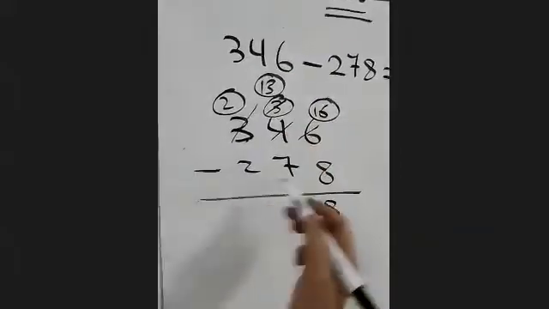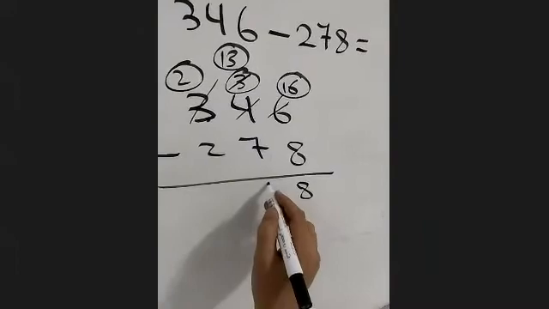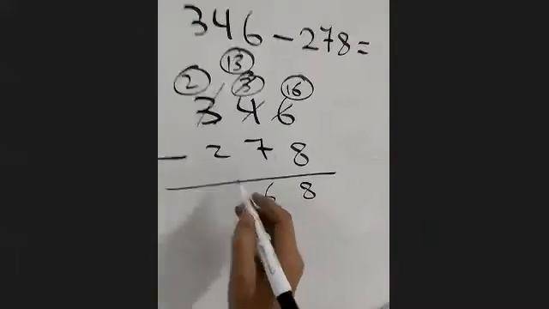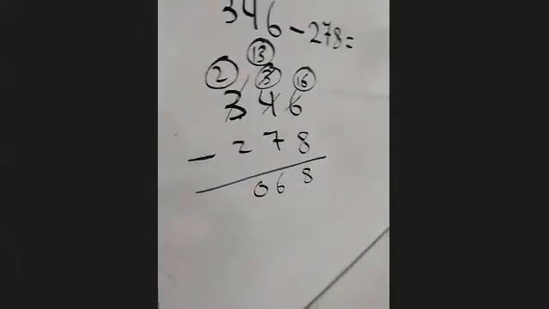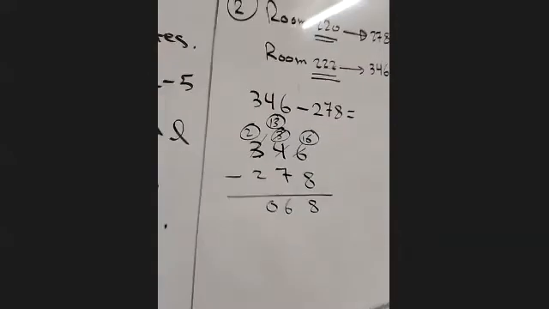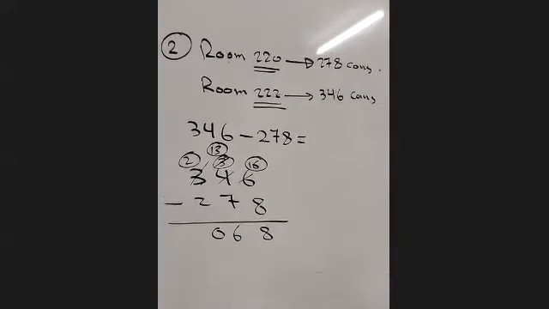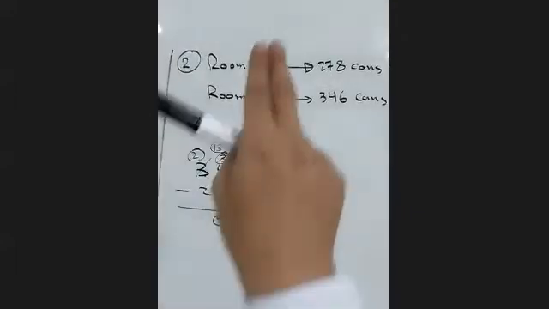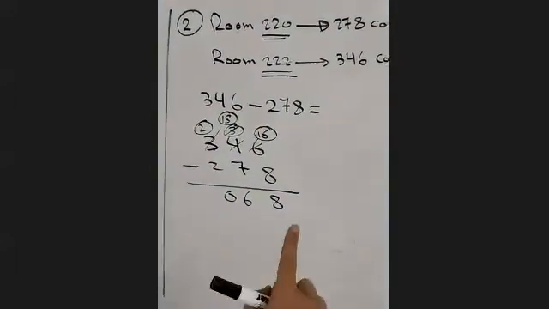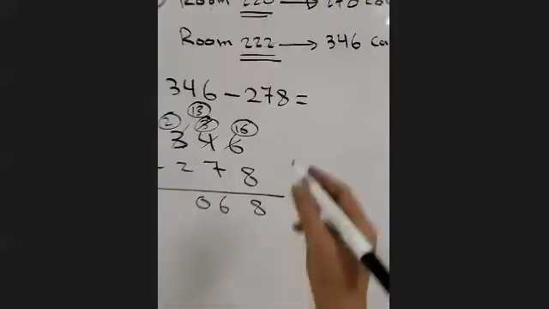Now 13 minus 7 is 6. 2 minus 2 is 0. So how many more cans does room 222 have than room 220? 68 cans. Exactly. Thank you, Isa.